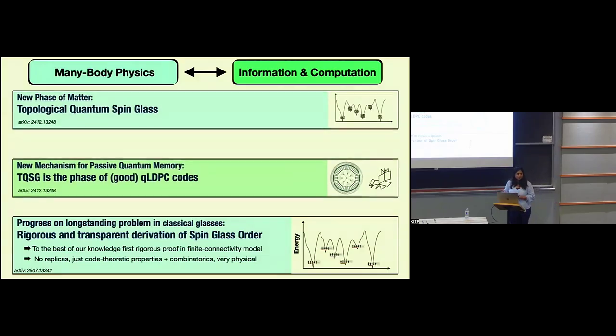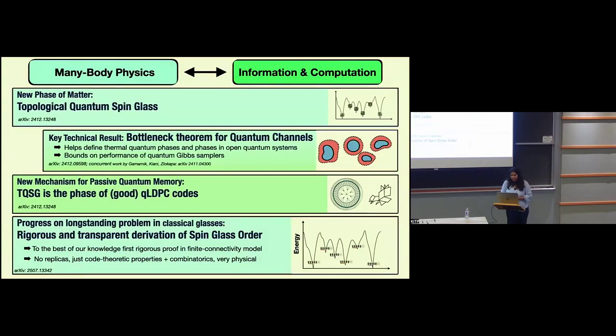Okay, and en route, we needed this key technical result, which is a quantum generalization of this well-known bottleneck theorem, which exists for classical Markov chains. This is what we used in order to define and prove spin glass order.